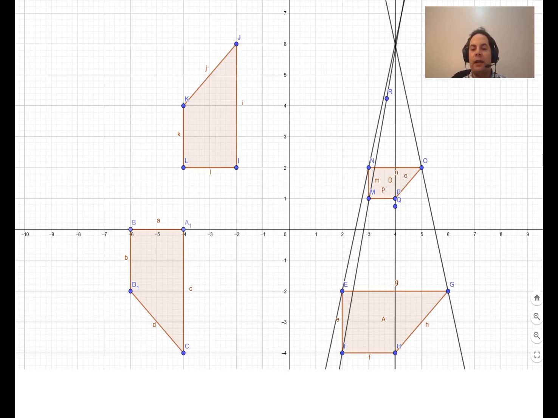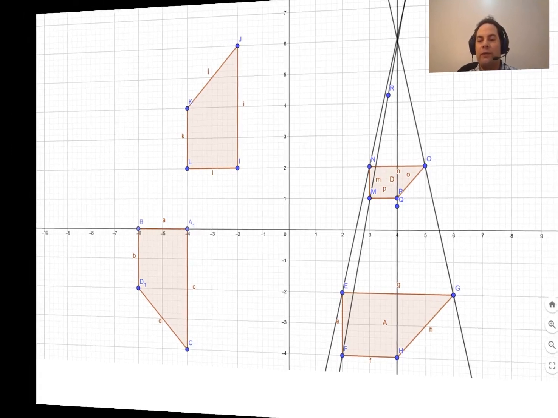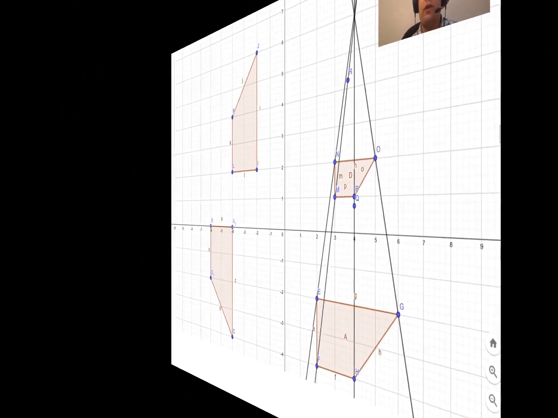Again, this side is 2, this side is 4, 2 over 4, and you can simplify to 1 over 2. So the final answer for part C is enlargement with a scale factor 1 over 2 and center (4, 6).